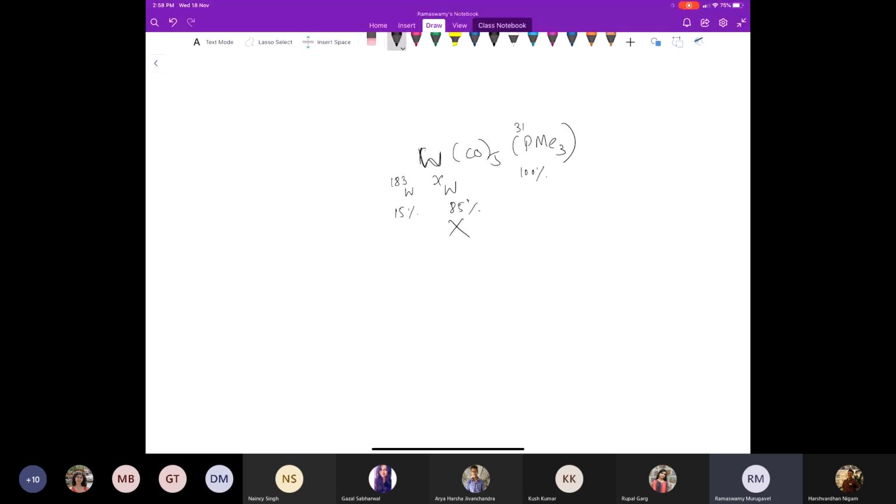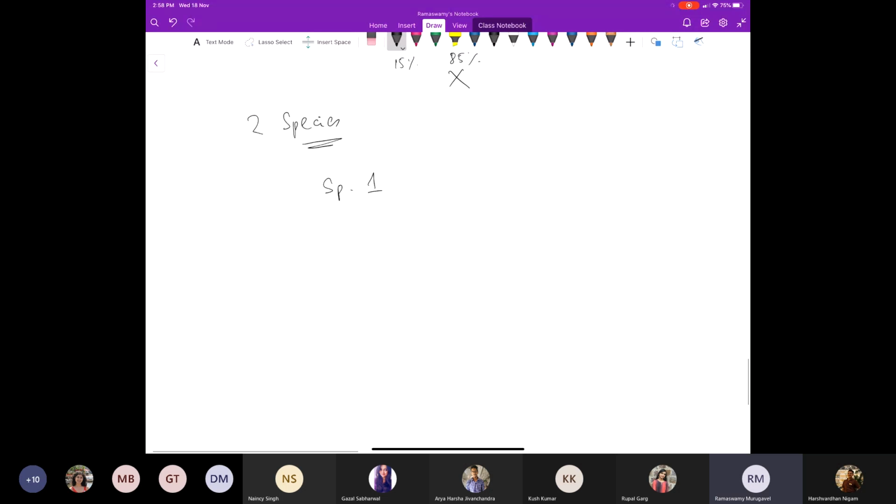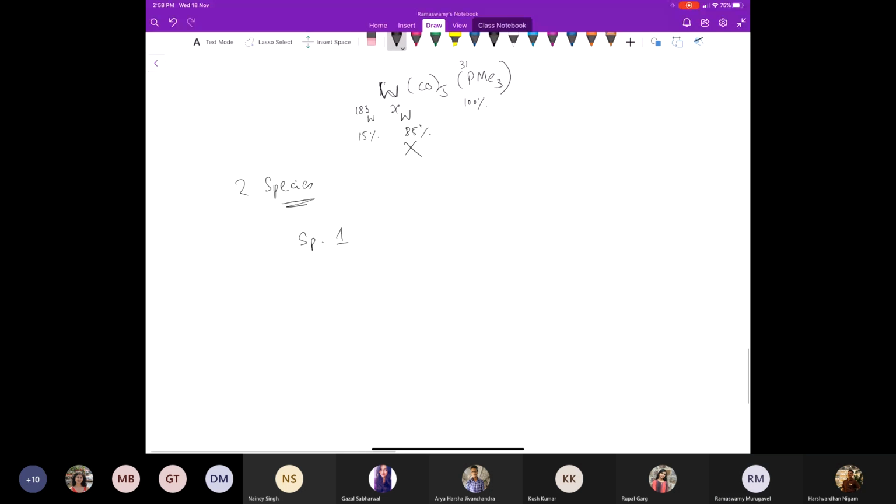Let's say if I make a solution of this particular complex, I'll have two species in my solution. Species 1 is 85% abundant, with the W, PMe3 31P.